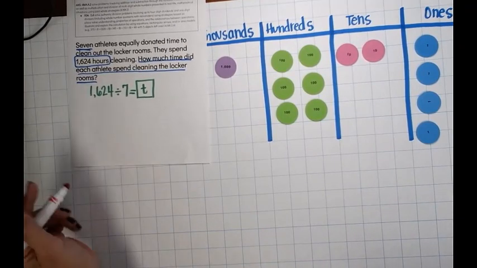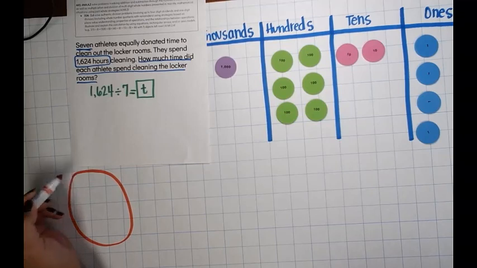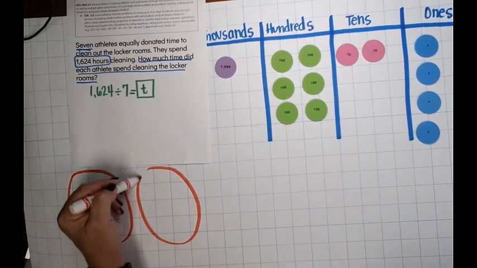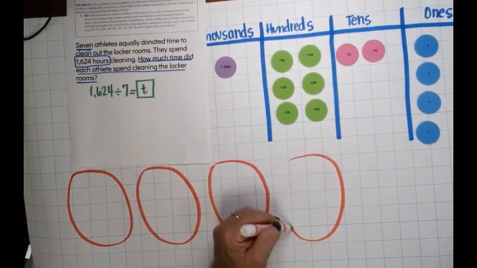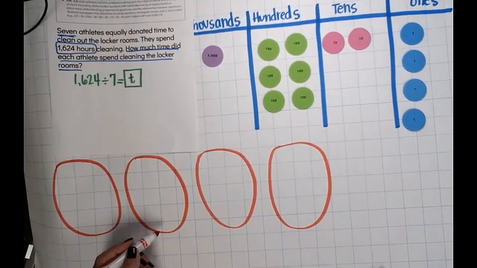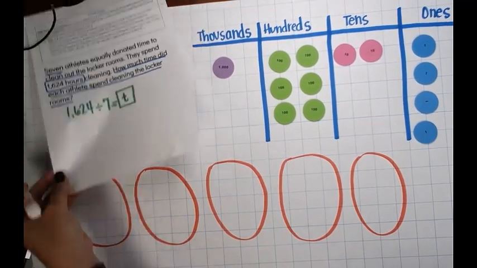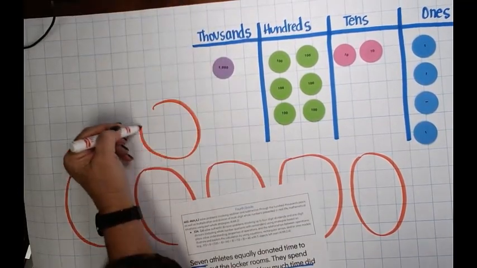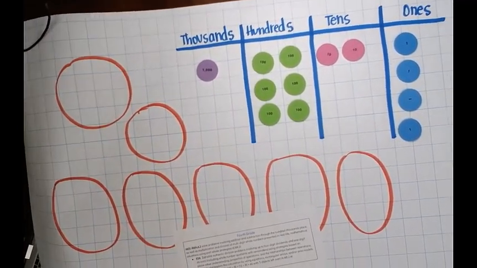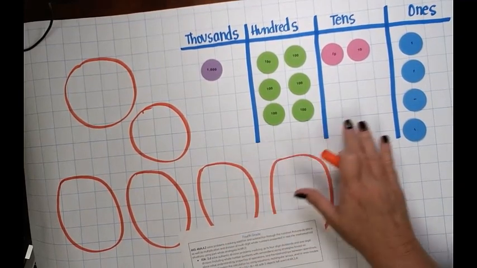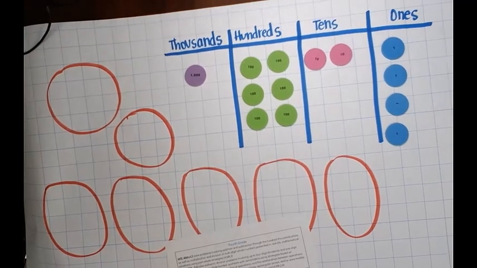These 7 circles are going to represent my athletes. 1, 2, 3, 4, 5, 6 and 7. So here are my 7 athletes. I'm going to take this amount, 1,624, and distribute it into these 7 athletes to figure out each of their times.